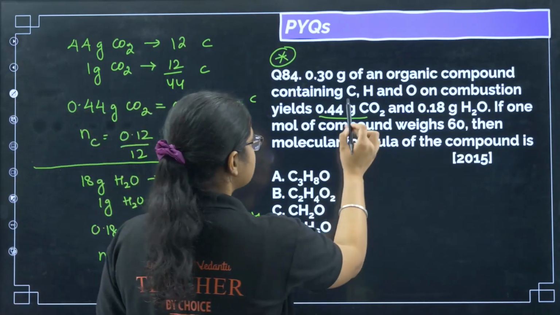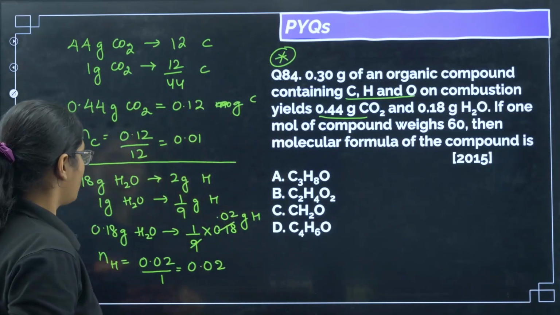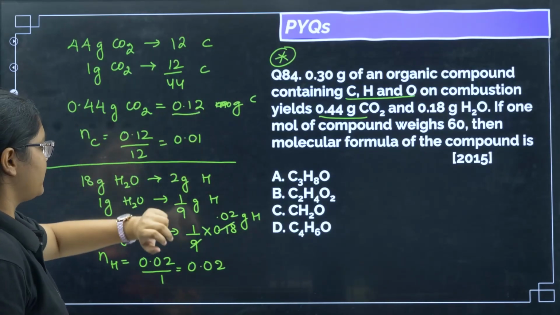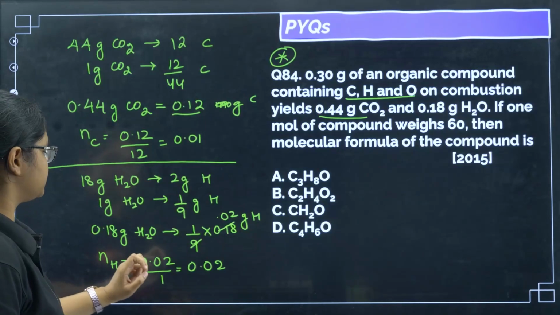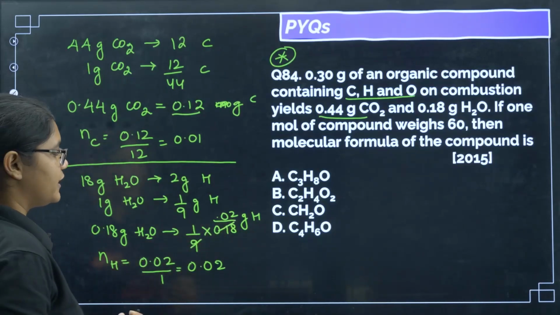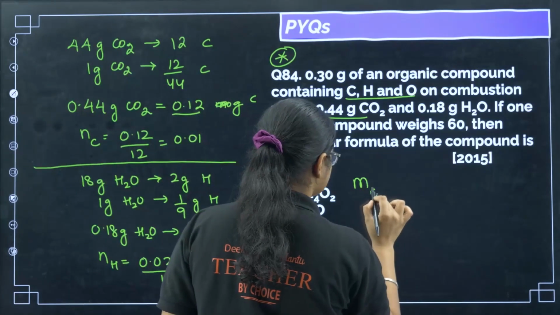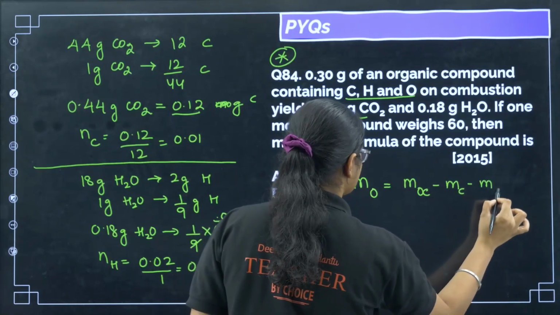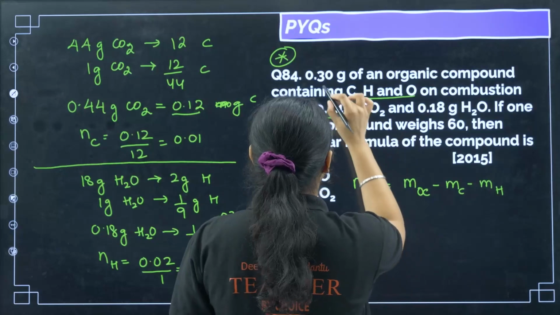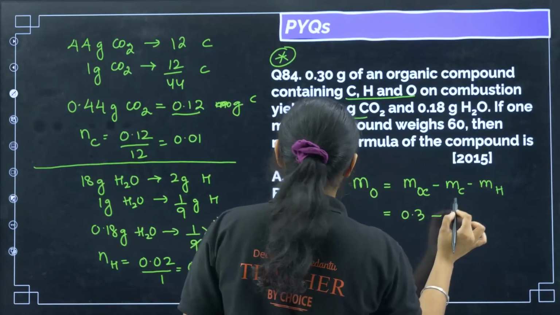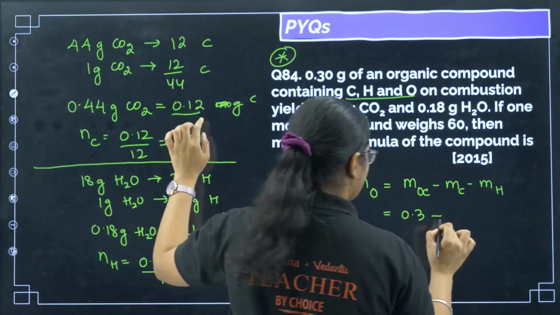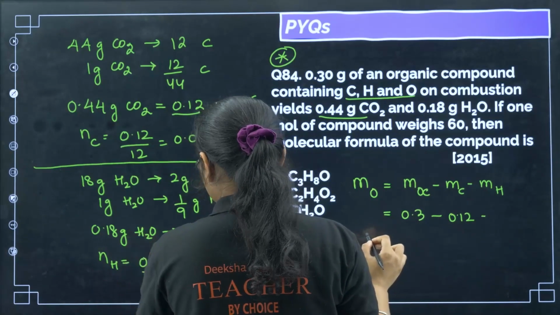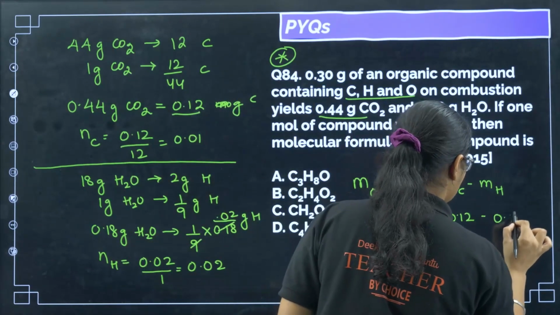Mass of oxygen is the mass of organic compound minus mass of carbon minus mass of hydrogen. What is the mass of organic compound? 0.3. What is the mass of carbon I got? 0.12. And what is the mass of hydrogen I got? 0.02.